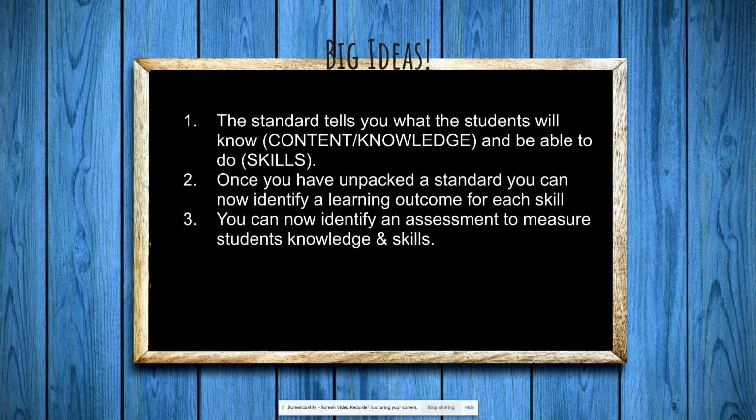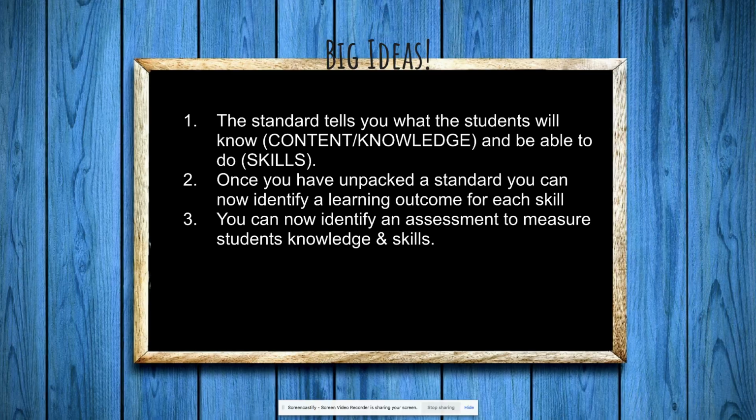This can also take place as a measurable outcome, such as 85% of the students will achieve mastery by a certain point. We can also identify an assessment to measure students' knowledge and skills. That's why unpacking is so important, because we need to know what we're looking for. And so again, that relationship between what we're teaching and how we're assessing needs to be evident, especially for the Cal TPA.